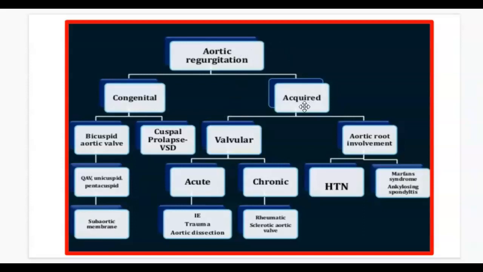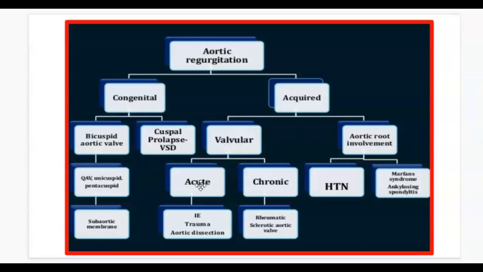If it's acquired, generally speaking, that goes two pathways, either valvular or the aortic root is involved, perhaps too. Hypertension, Marfan's syndrome can cause the aortic root to increase in size, as well as the proximal ascending aorta.